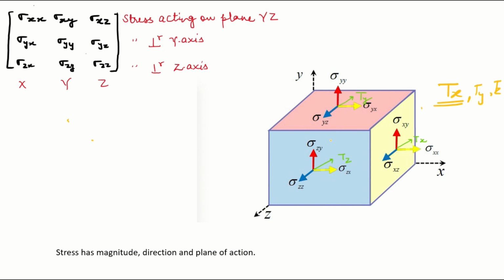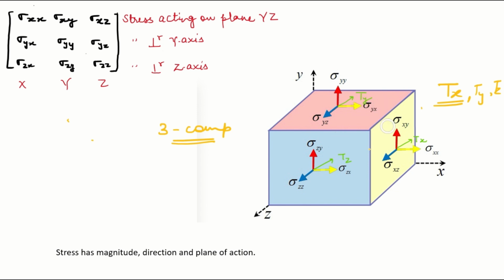In total we have 9 components, but if we add these 3 into one component, and in the same way along y-axis we have 3 components, and along Z we have 3 components, we would have 3 components. So the question is, can we add these components or not? Here we cannot add these components.